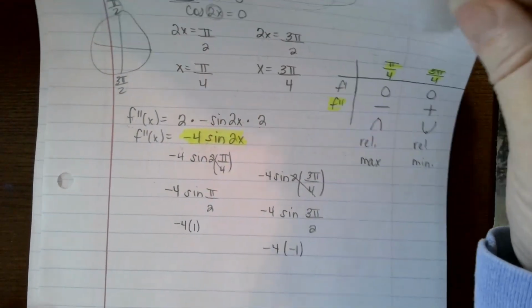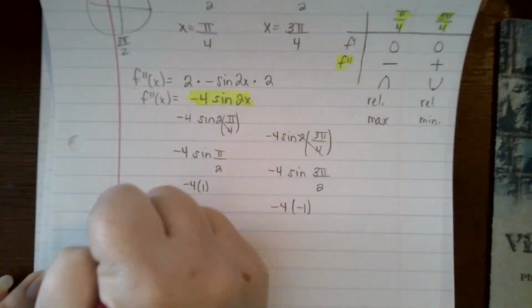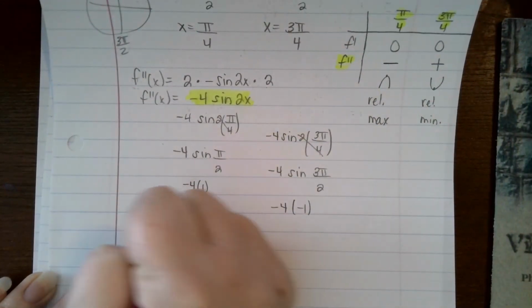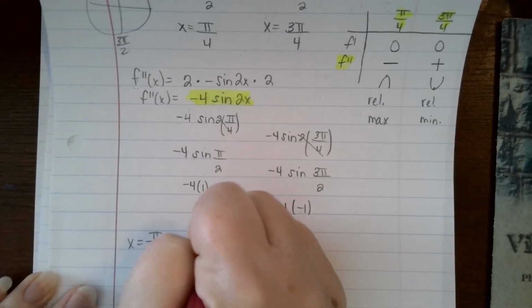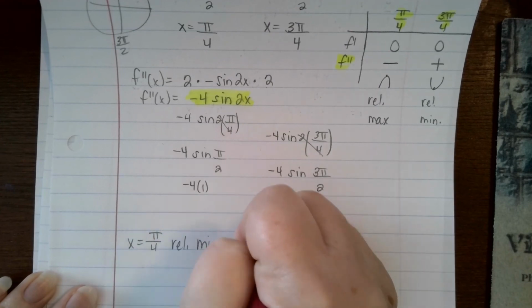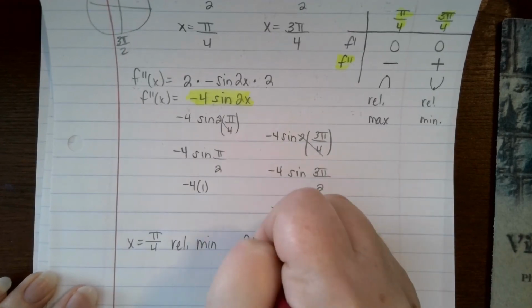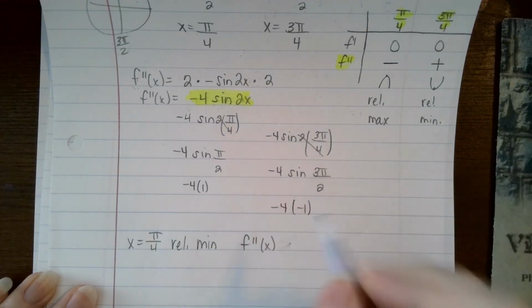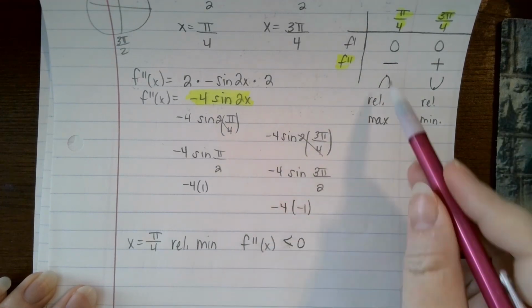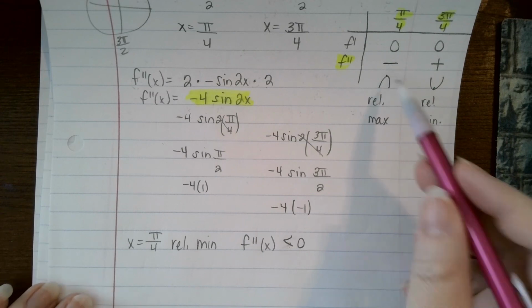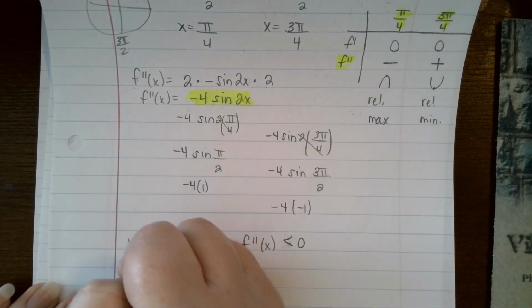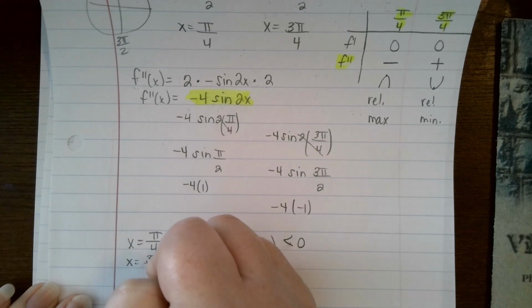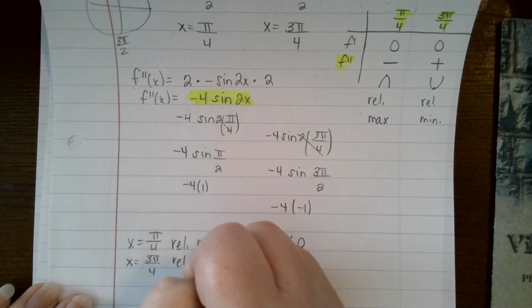So to finish that off, x equals pi over 4 is a relative min. Why? Because the second derivative is less than 0. It's negative. And x equals 3 pi over 4 is a relative max.